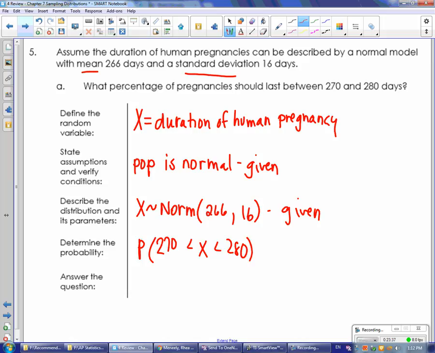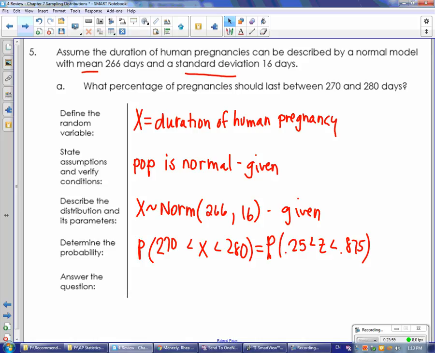And I need to standardize both values. So this again is using my X value minus the mean divided by the standard deviation. And if you do this, you should end up with a z-score between 0.25 and 0.875.